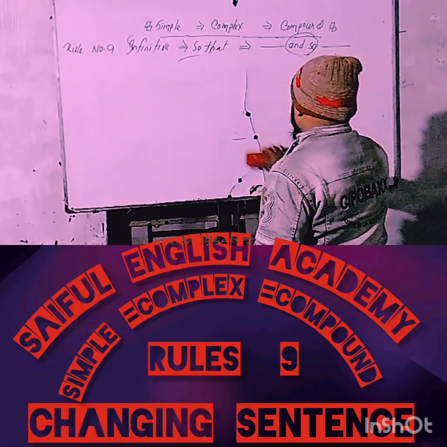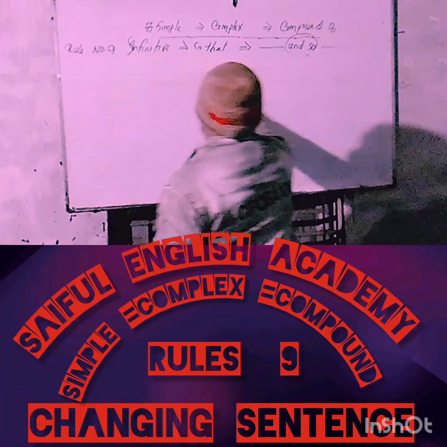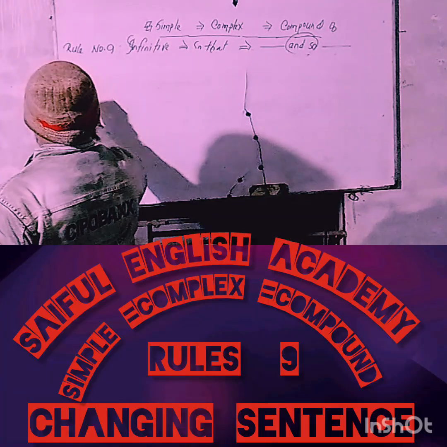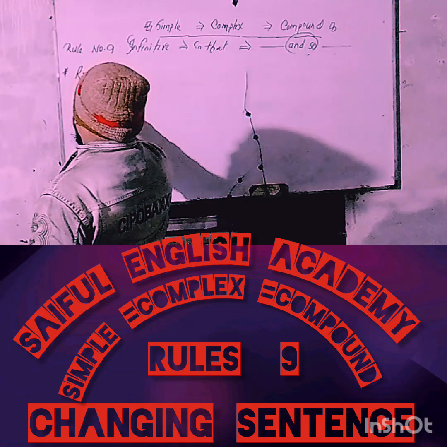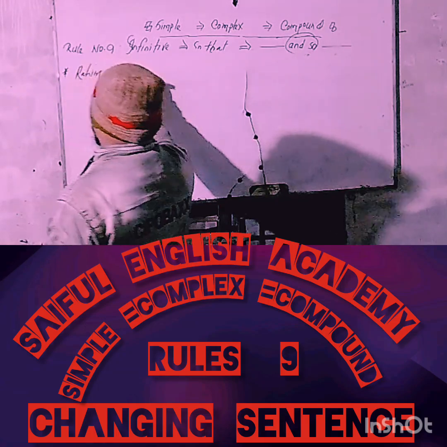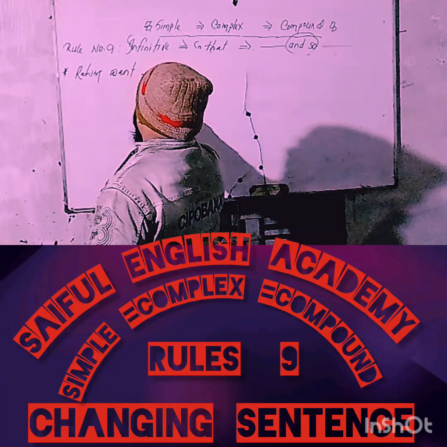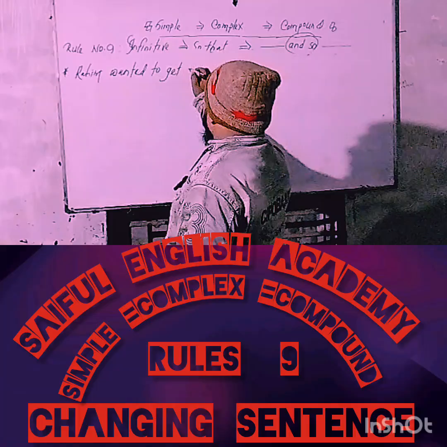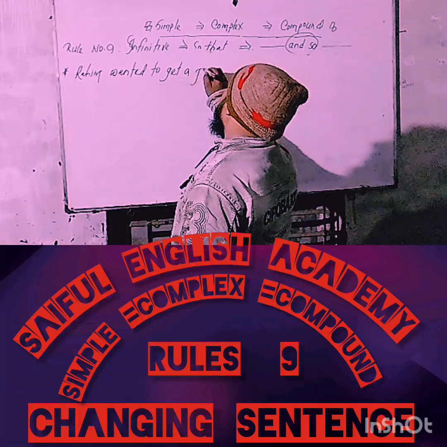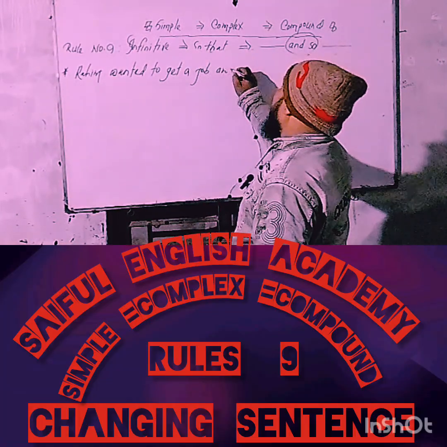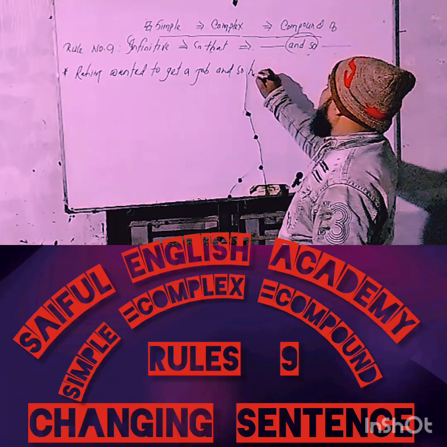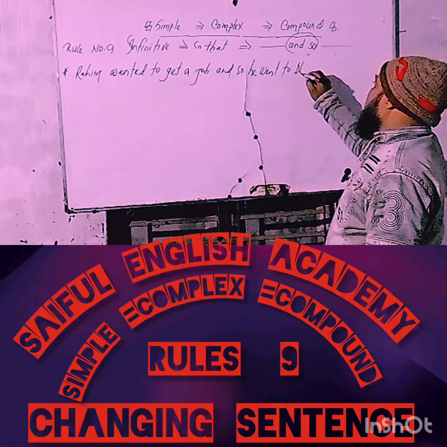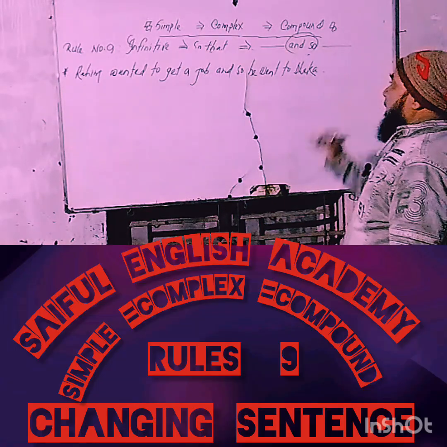I'm trying to show you another example, my children. Take a look at the board and try to understand. Rahim wanted to get a job, and so he went to Dhaka.